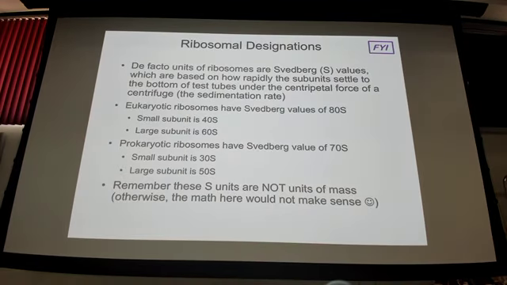They are Svedberg values, which is an indication of how rapidly they settle to the bottom when you're centrifuging them. It's a sedimentation rate. So again, 40 and 60 with eukaryotes will be referred to as an 80S ribosome, and for prokaryotes we call this 70S ribosome, even though it's 30 and 50, small and large, respectively. This is just an FYI if you're ever wondering why a 70S is called a 70S.